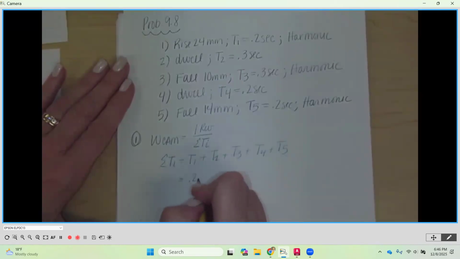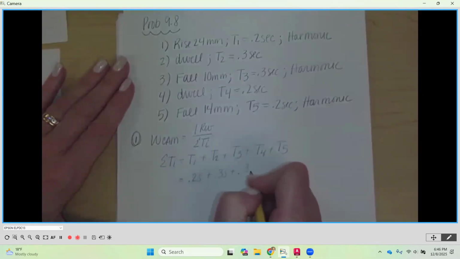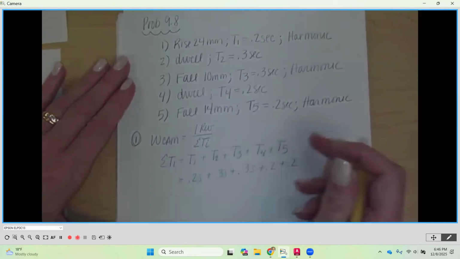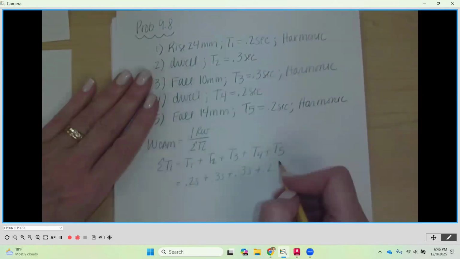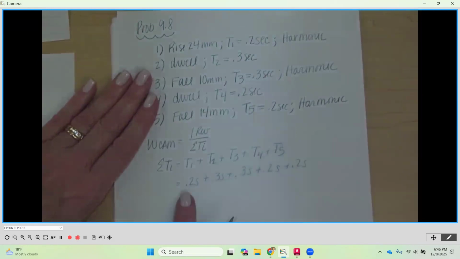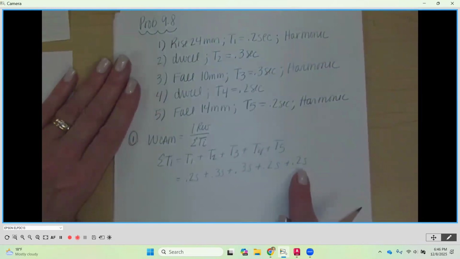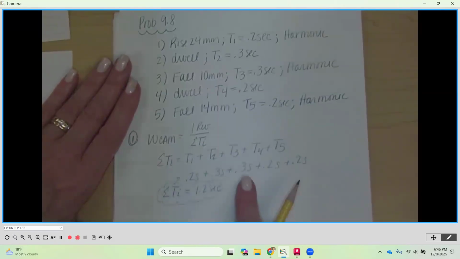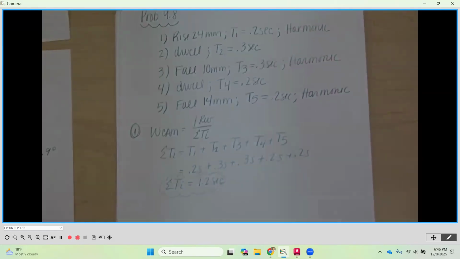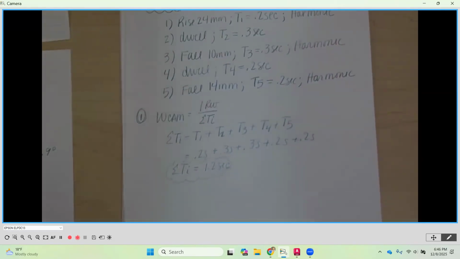So 0.2 s plus 0.3 s, 0.3 s, 0.2 s, plus 0.2 s. My total time should be 1.2 seconds, since we've got 0.6 and 0.6.